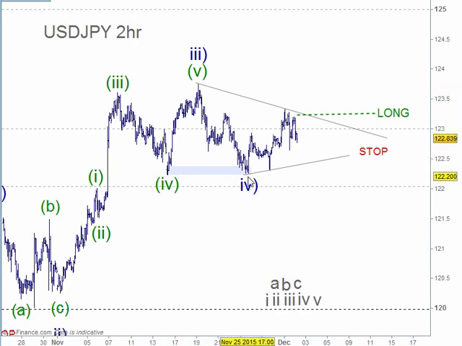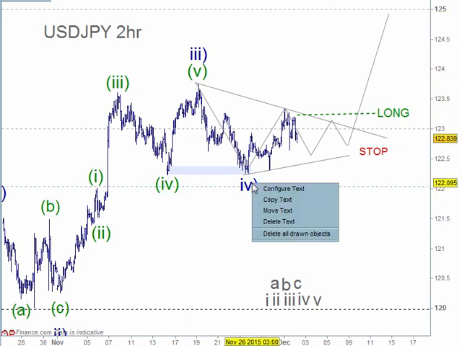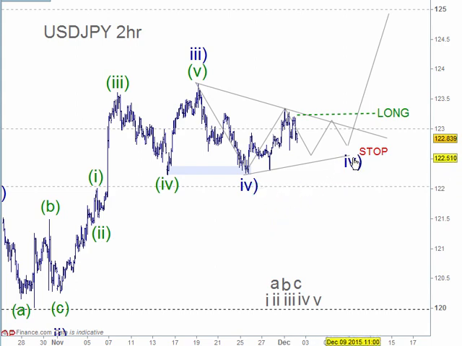So this can also occur here, but we also need to be mindful that we don't end up with a triangle, which would be an A wave, a B wave, a C wave, a D wave, an E wave, and then a move up from here, and that would be the triangle, and it would get a bit more complicated at that stage there. But we'll know that in due course.